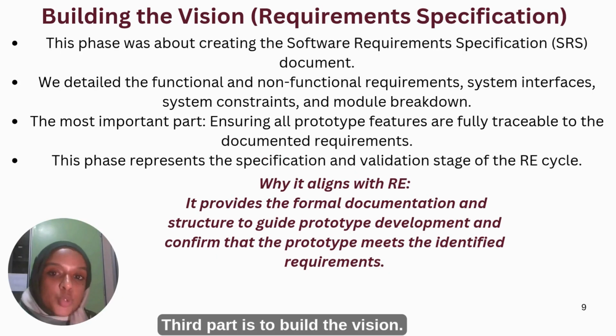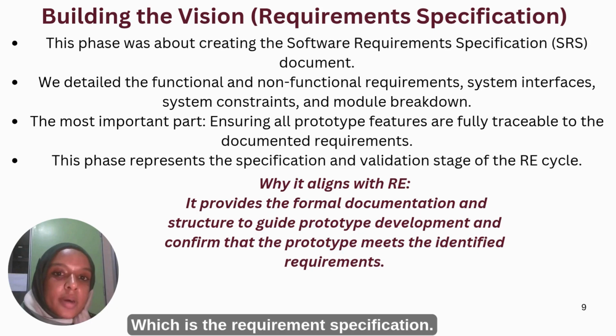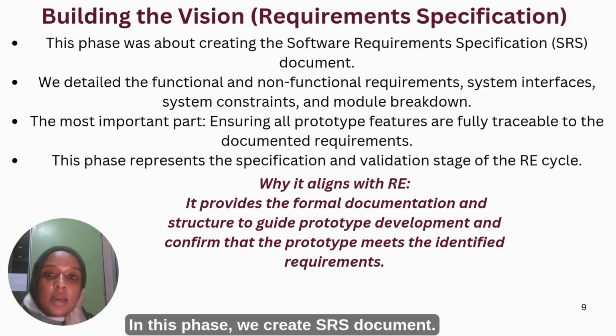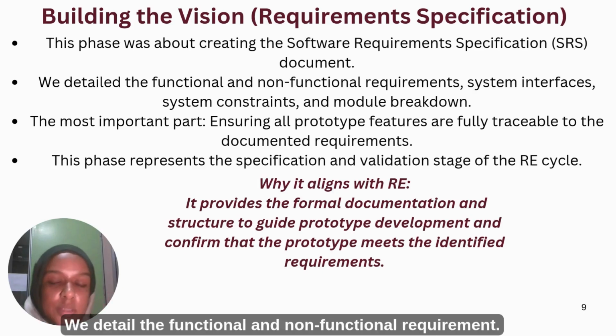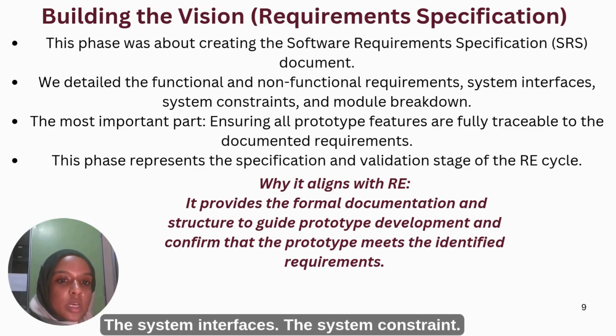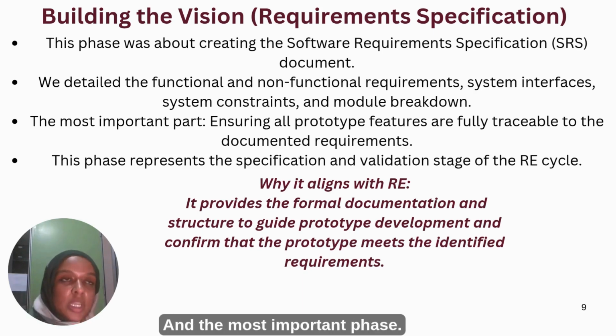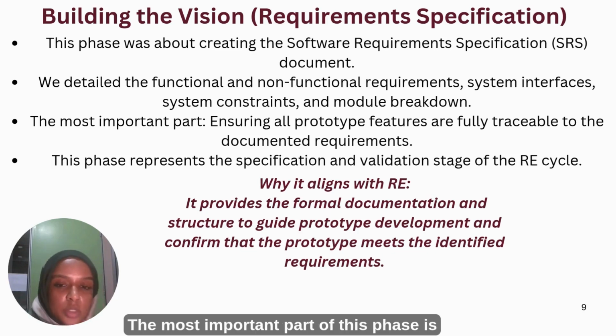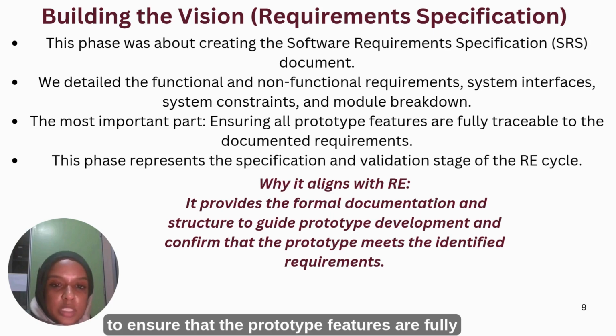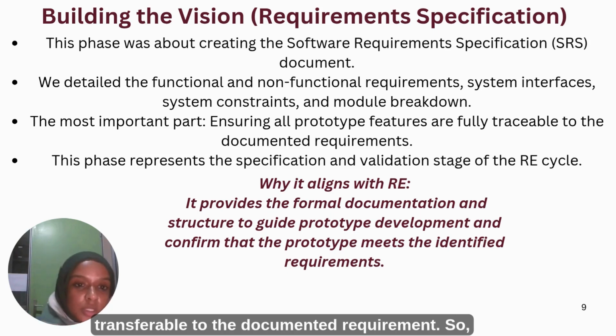The third part is to build the vision, which is the requirement specification. In this phase, we created an SRS document. We detailed the functional and non-functional requirements, the system interfaces, the system constraints, and the module breakdown. The most important part of this phase is to ensure that the prototype features are fully traceable to documented requirements.